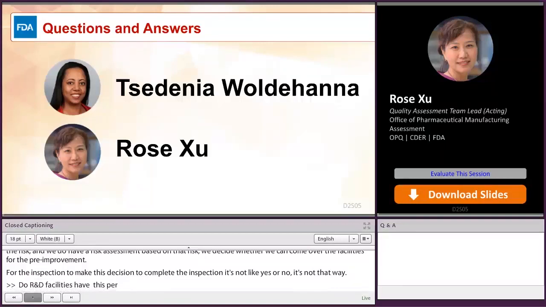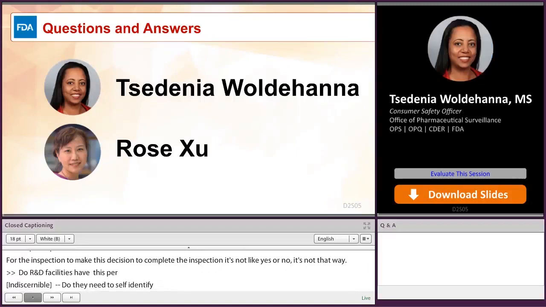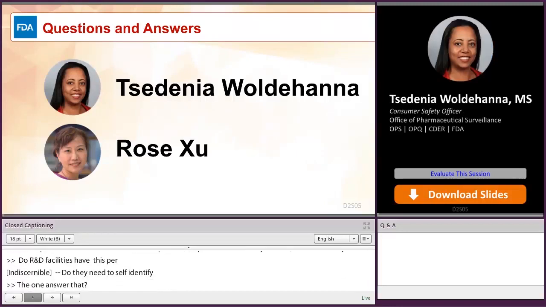Do you want to answer that, Tsedenia? So if the facility needs to be identified as part of the application for the manufacturer, that is something that needs to be included within the 356H, like Rose explained. If there's a specific other type of facility, I'm not exactly sure what the question is asking.